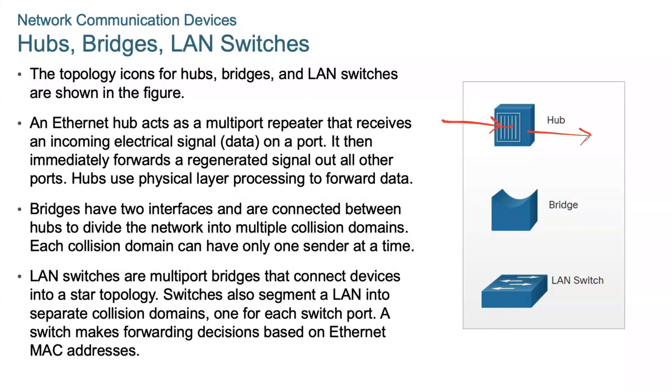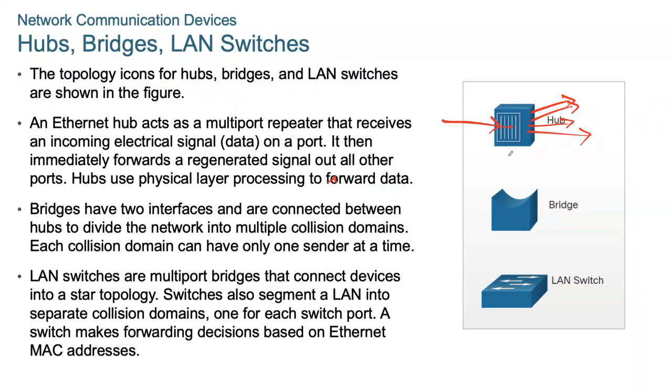These repeaters just receive the incoming electrical signals or the data on a port, and then immediately forward a regenerated signal out for all other ports. So if it has multiple ports, whatever the input packet is, that input packet is simply forwarded to all the output ports.